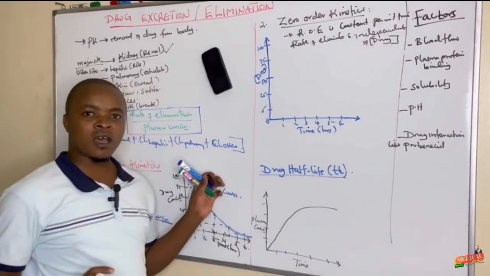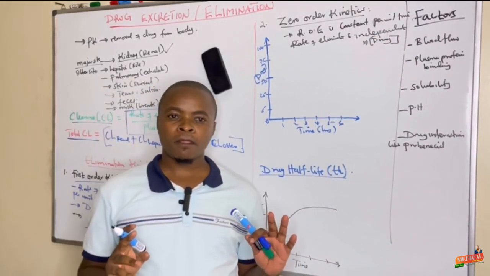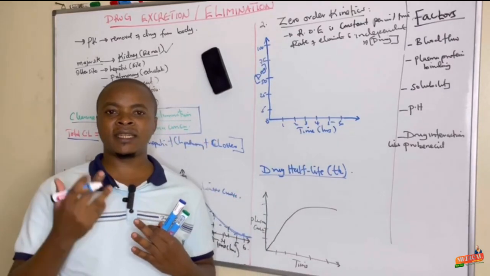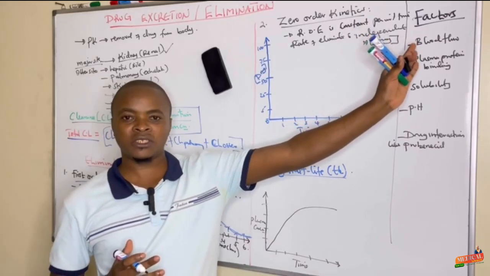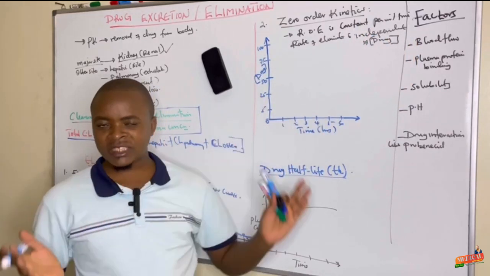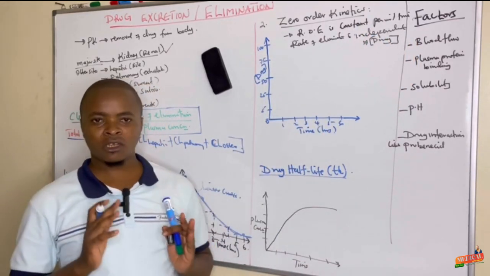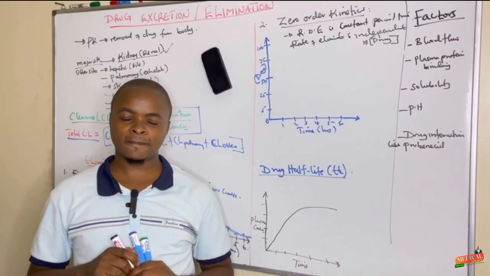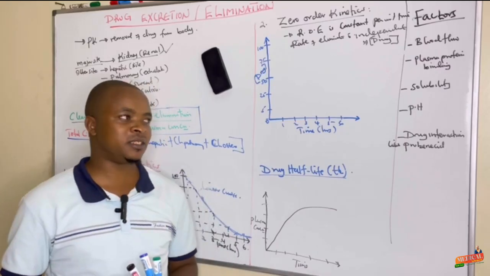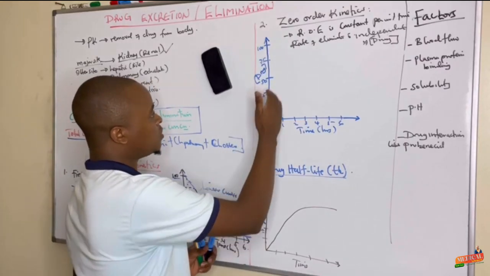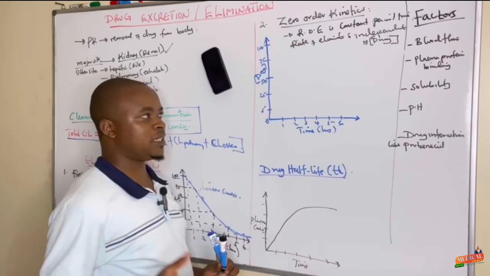So here, under zero order, the drug has reached steady state, and even though you continue increasing the dosage, or we have some drugs which portray this zero order kinetics, the rate of elimination is independent. Even when it is low, the rate of elimination is the same.